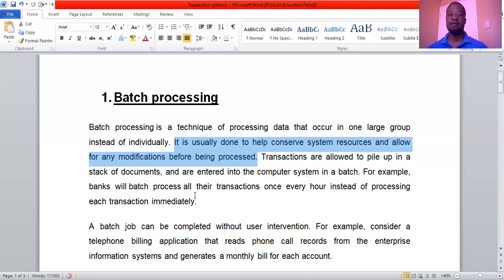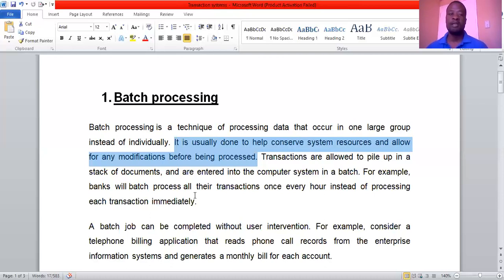The system has to wait for different batches. As we say, the processing is done in batches, so sometimes when a certain batch is not received, the system is idle and no resources are being used. By so doing, resources can be conserved.